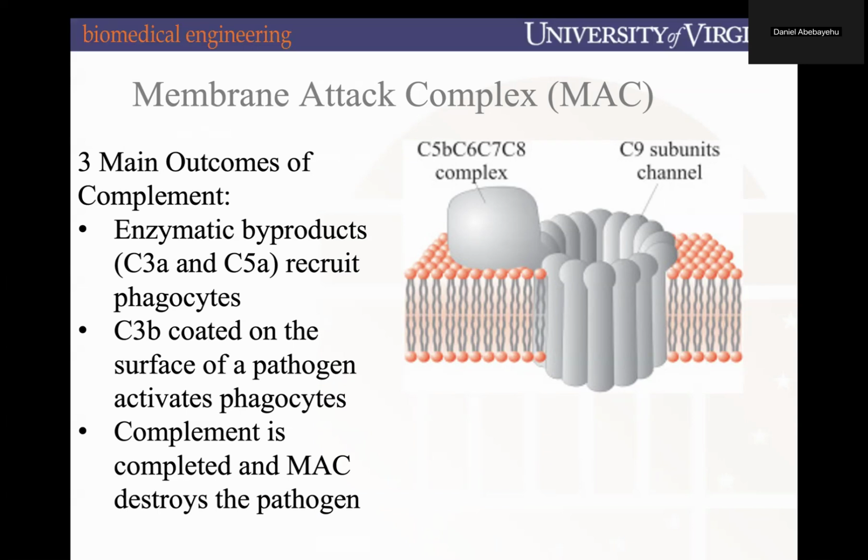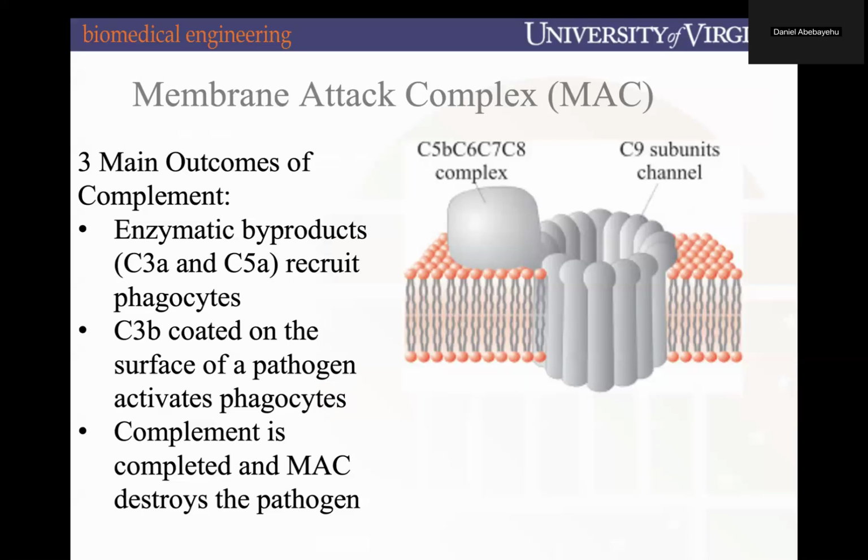Now, if that doesn't completely destroy the pathogen, the completion of complement is the formation of what's called the membrane attack complex. What ends up happening is after we have the C5 convertase that cleaves C5 into C5a and C5b, C5b is wedged in the surface, and C5a is an anaphylatoxin that's released. Then we have C6, C7, C8 that come in.